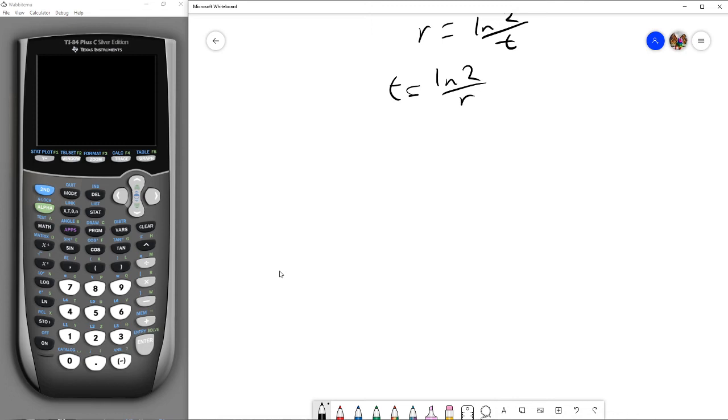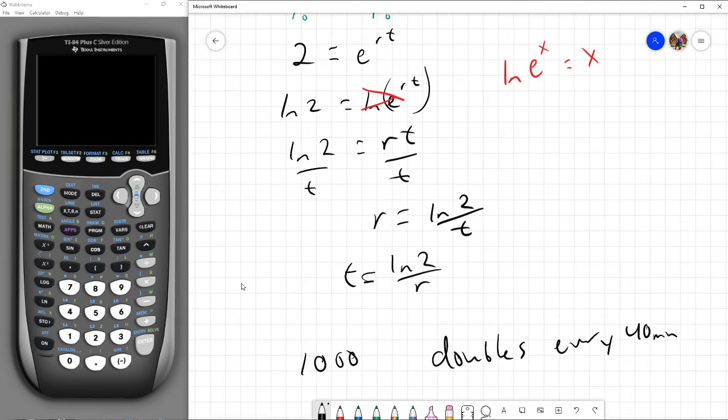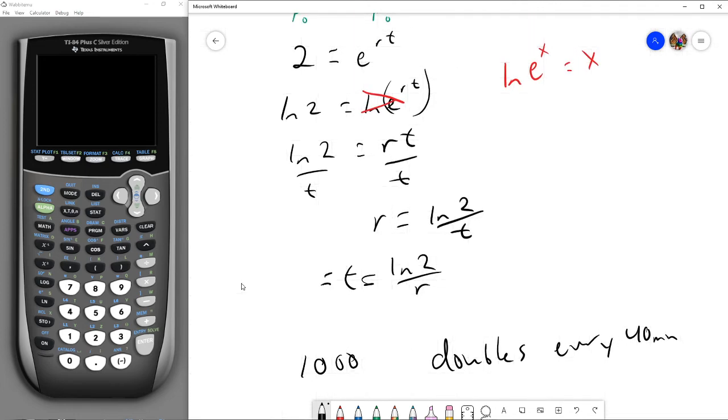So if we have, say, 1,000 bacteria that doubles every about 40 minutes. Now, before I dive into this, since we were looking for doubling time, this t value is actually going to be d.